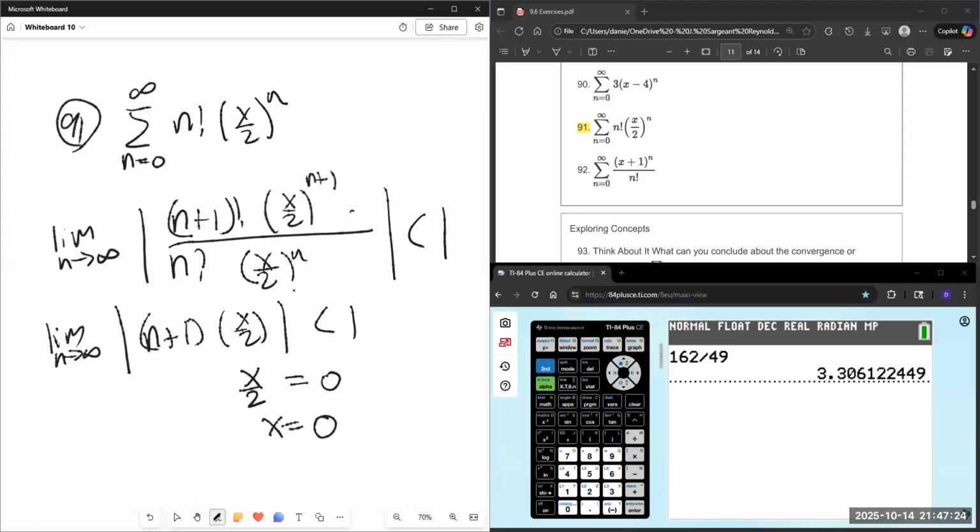Sometimes the expression with n goes to 0 apart from this, and it doesn't matter what the part with the x does, it's always going to be 0, and it's going to be convergent everywhere. And we love that. We love these power series that are convergent everywhere, and we'll know why when we talk about power series more and Taylor polynomials and Maclaurin polynomials when we keep going in this chapter.